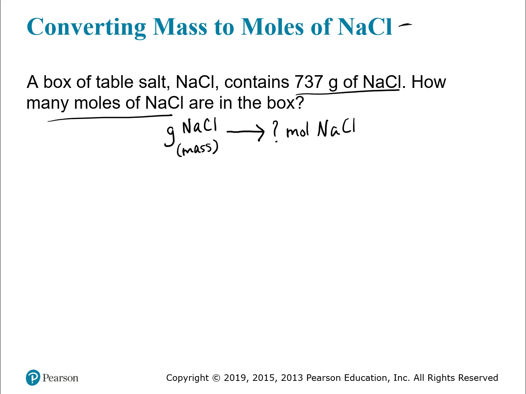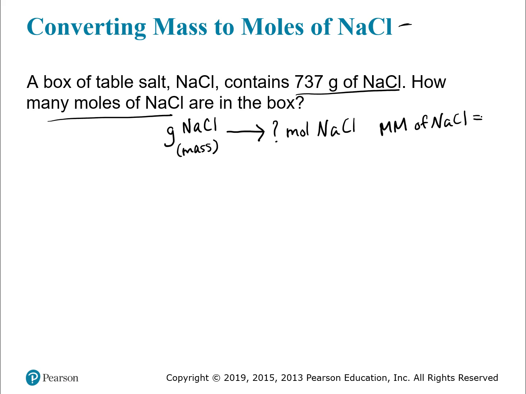Here, since we're going from a mass to moles, we're always going to use some kind of a molar mass, and I abbreviate molar mass MM. Because we're talking about sodium chloride, and we have a number of grams of that trying to figure out moles, we need the molar mass of sodium chloride.